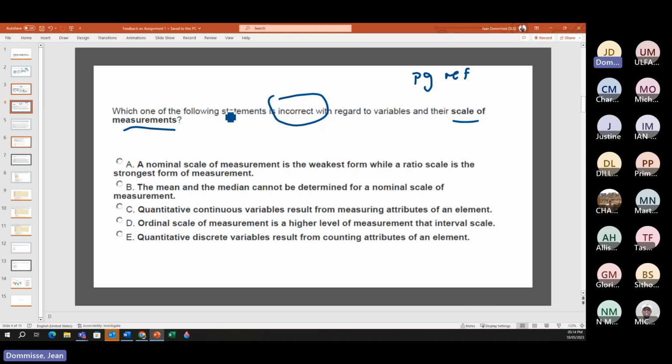But basically, as you go from nominal, ordinal, up until nearly ratio or interval, will be your top scale. So the weakest will be your bottom one, and your strongest will be nearly your interval or ratio one.